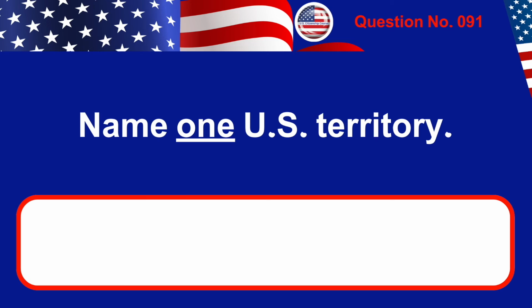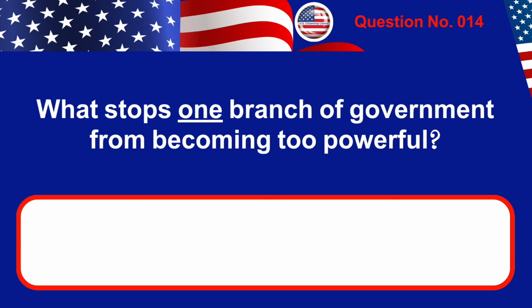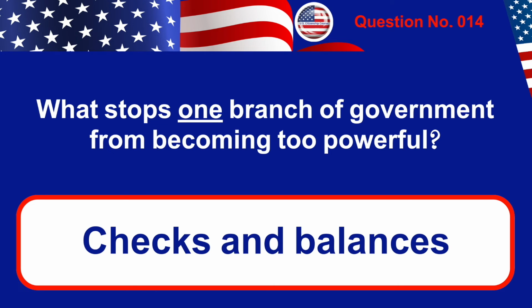Name one U.S. territory. Guam. What stops one branch of government from becoming too powerful? Checks and balances.